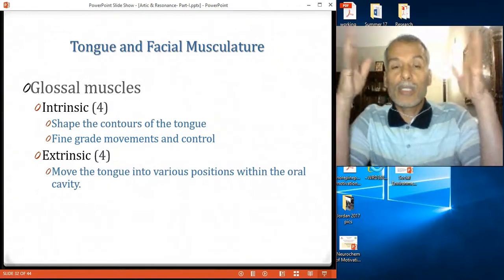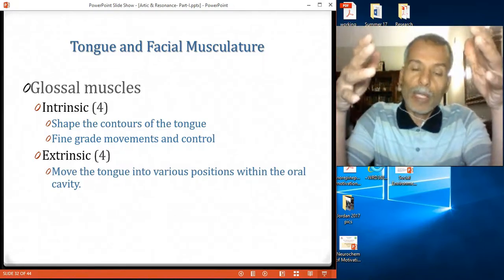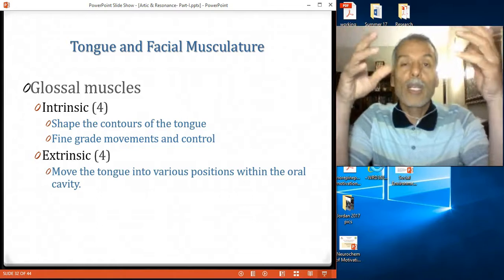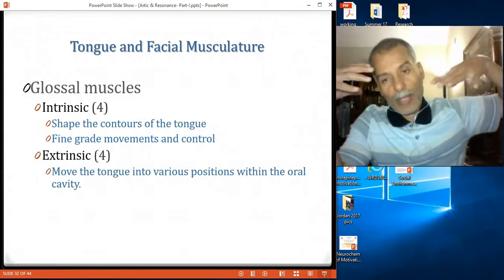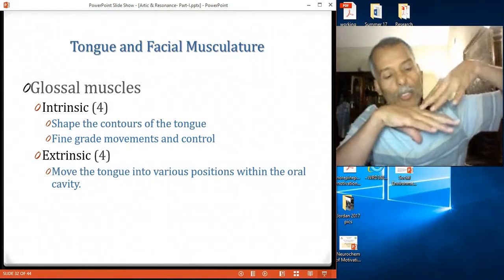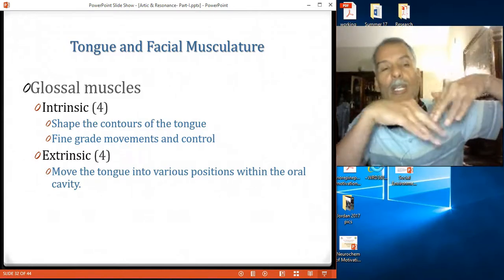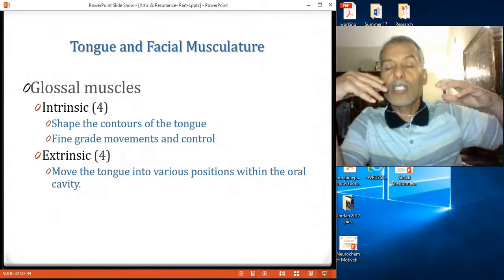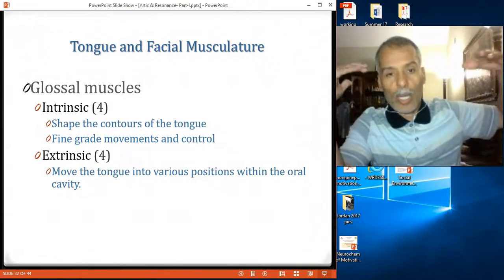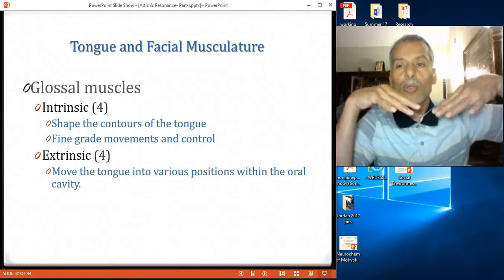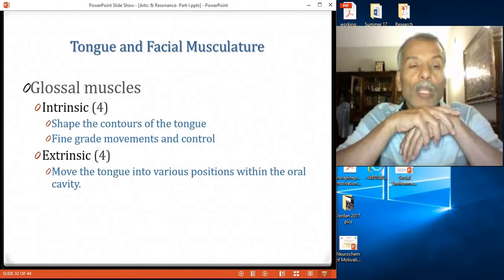Exactly like we discussed the extrinsic and intrinsic muscles of the larynx, the extrinsic ones usually have the origin outside, and then they come down and attach onto the tongue tissue, onto the intrinsic muscles.